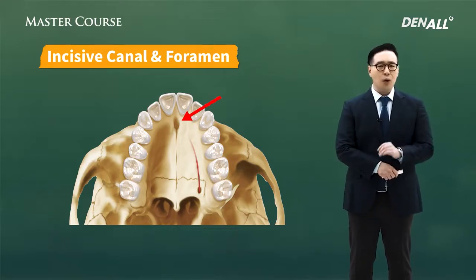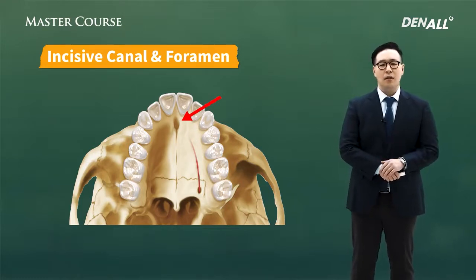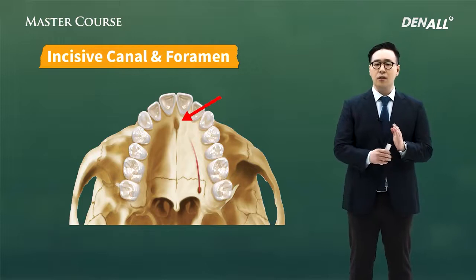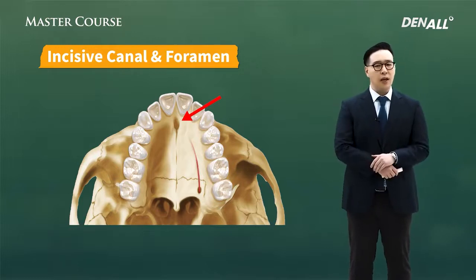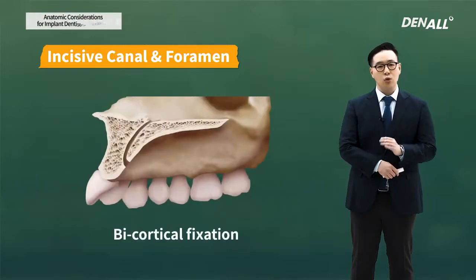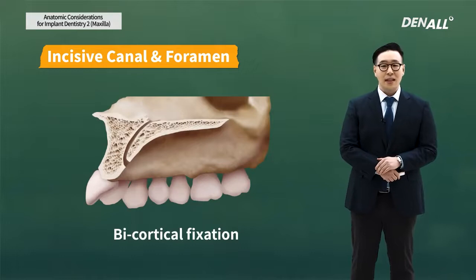If such penetration is minimal, then from the cortical bone you can gain initial stability and it will not hurt the prognosis of the implant. Rather, it could give you solid ground for initial stability.